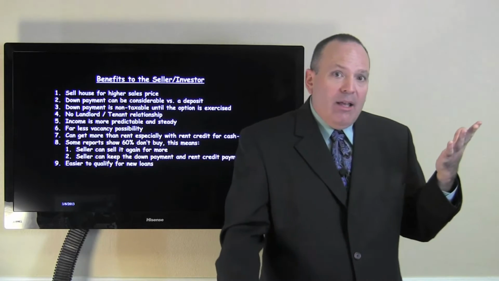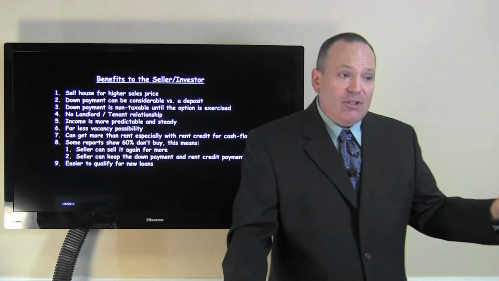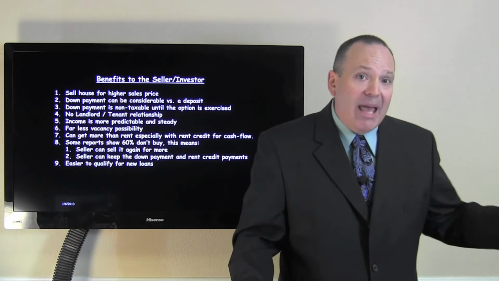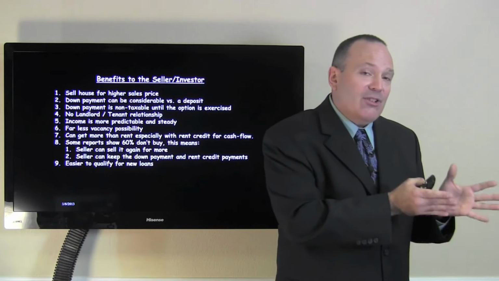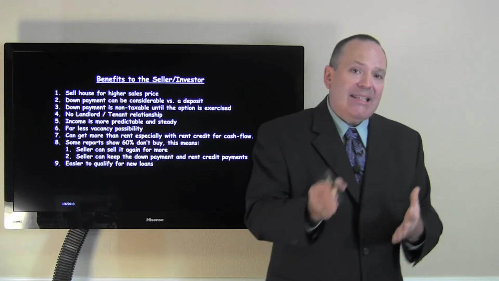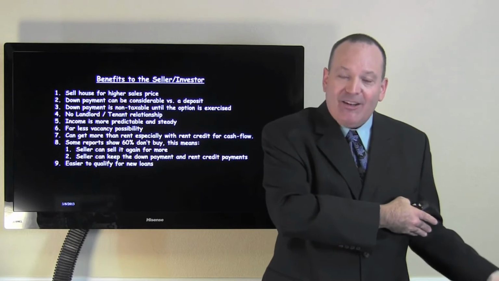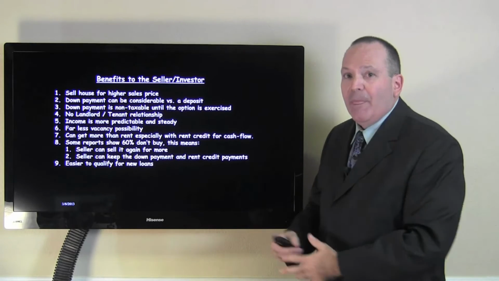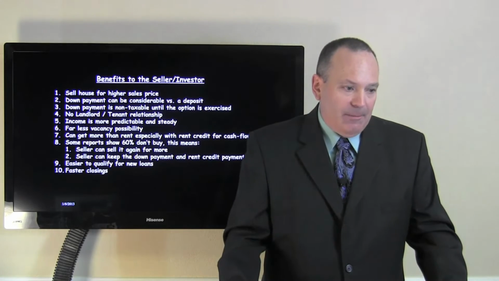Now I'm getting $2,900 a month, versus the $2,000 that I might have been able to rent it for. And if the underwriter will only credit me for 75% of the rental income to offset my payments, is 75% of $2,900 better than 75% of $2,000? So it helps me qualify for buying with traditional mortgage loans easier and better.